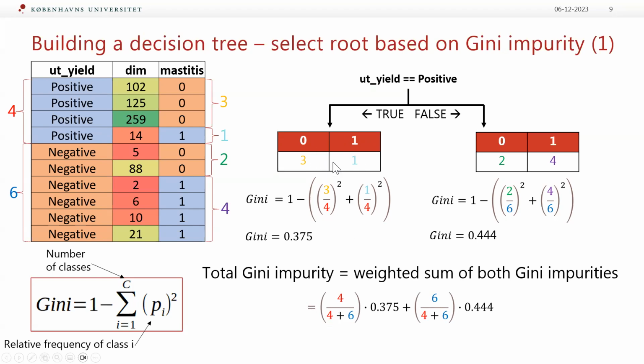So the weight for this node will be 4 over 10, which we multiply by this Gini impurity. And similarly, the weight for this node over here was 6 over 10, because we had a total of 6 observations here, and we multiply this by this Gini impurity. And in total, that gives us a total Gini impurity of 0.4164.